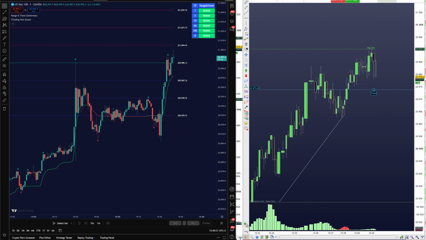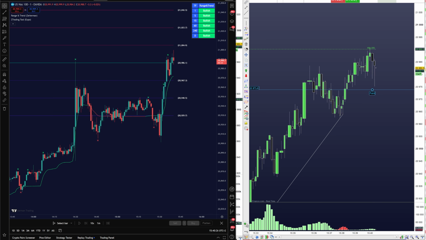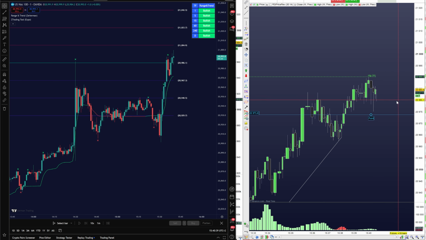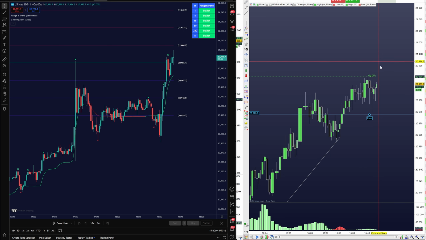Either we make a flush to the upside right now, or it will be a great move to the downside, and probably this strategy will print a nice entry. But for now, still having this long position due to this structure that was formed.